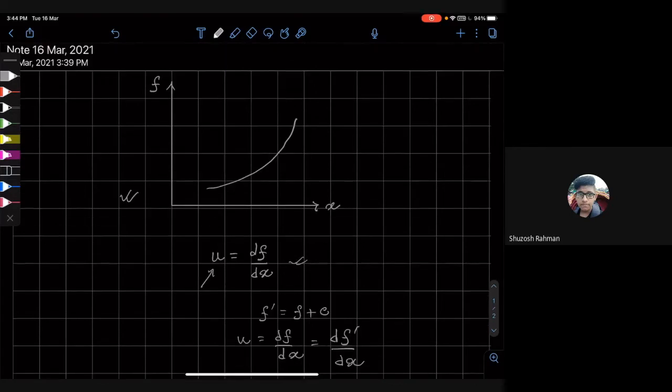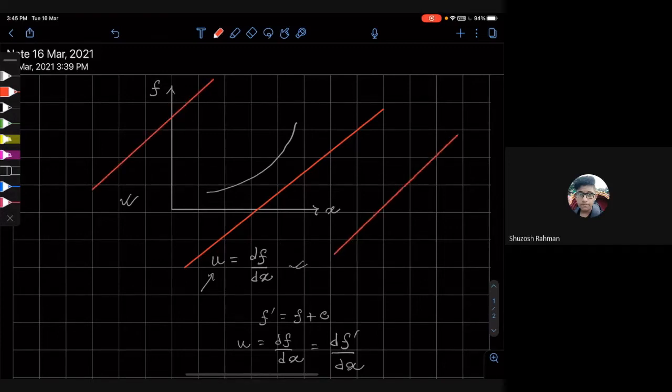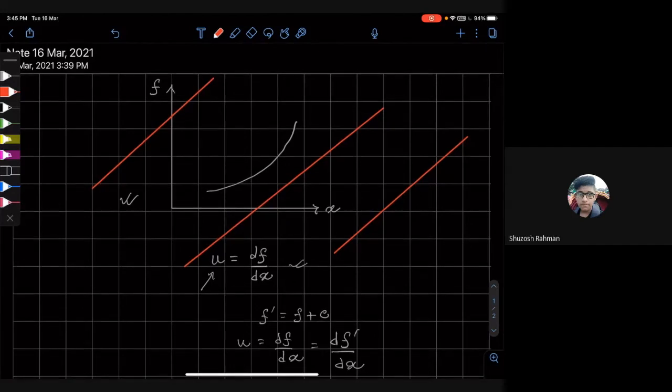So now if I give you the slope, you can draw a straight line like this with the same slope, but that straight line can be anywhere, right? Because all these straight lines will have the same slope. So if I give you the correct intercept, then that's the straight line you're looking for, and it is going to touch your function at some point.